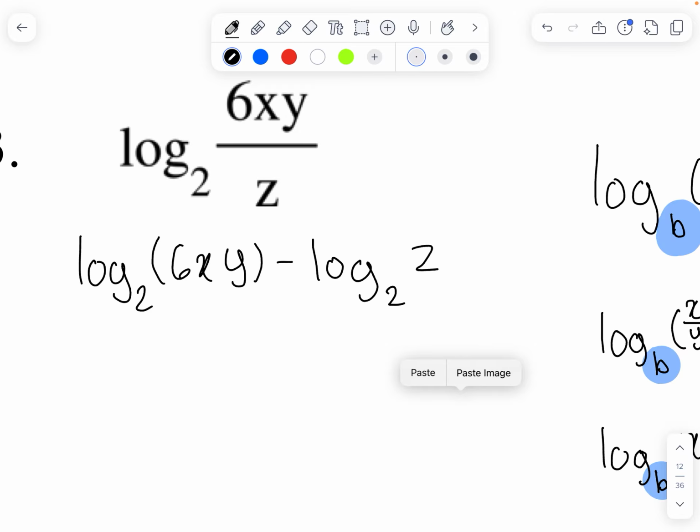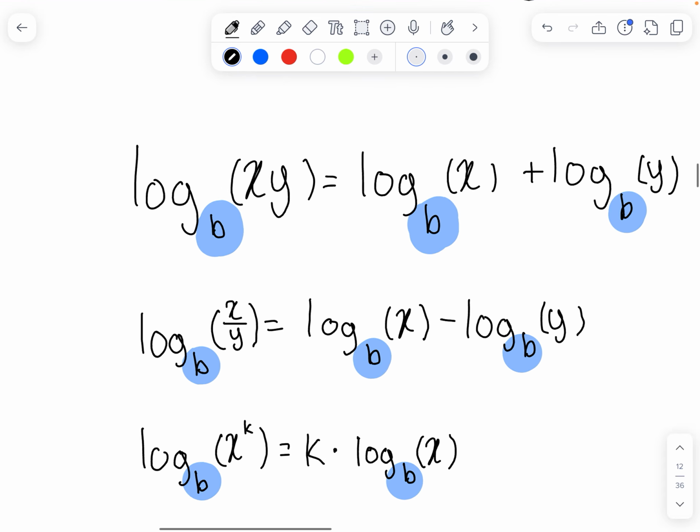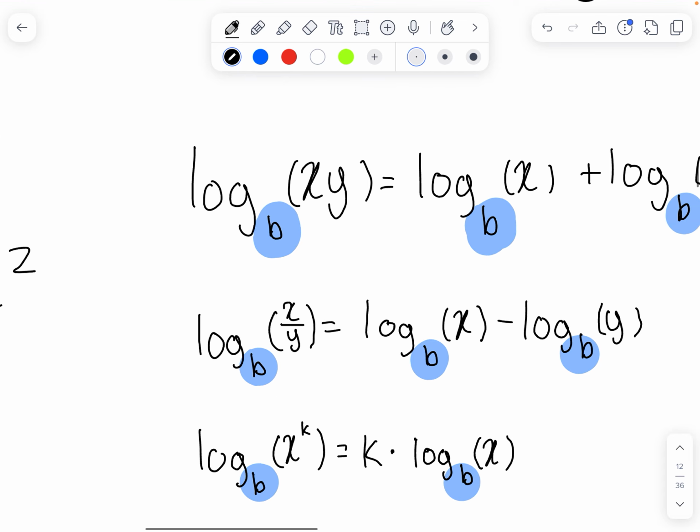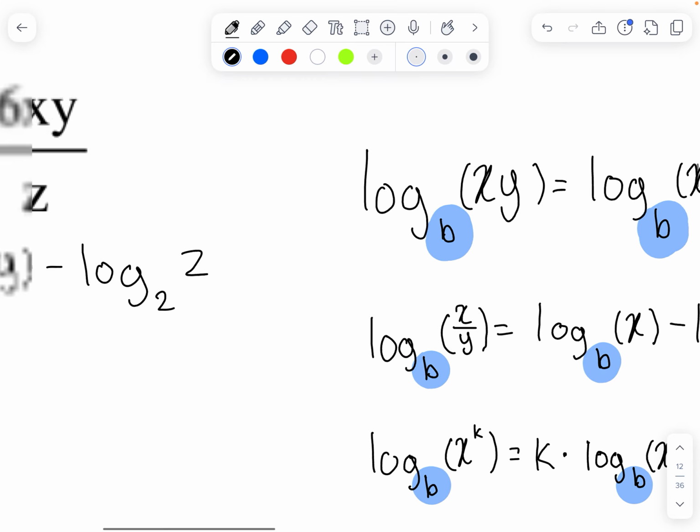Now, on to the next step. We still have the 6, x, and y. Now we go to our first rule, the product rule. The product rule states log base b of xy equals log base b of x plus log base b of y.